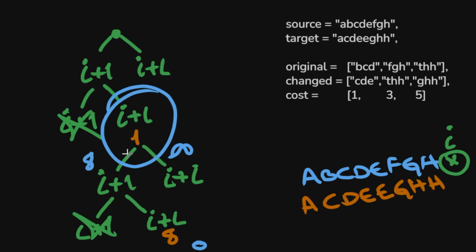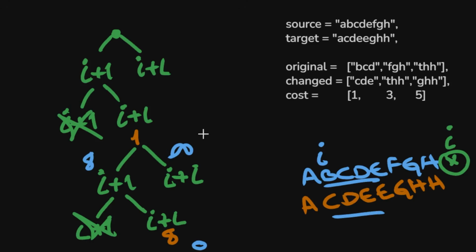Now we are here, and remember that here we were standing at index 1. We were looking at these 3 indices. Here the result of Dijkstra was 1, so we keep the minimum value between 8 plus 1, meaning 9, and positive infinity. So here we keep 9. This scenario is positive infinity, so the minimum between infinity and 9 is 9.